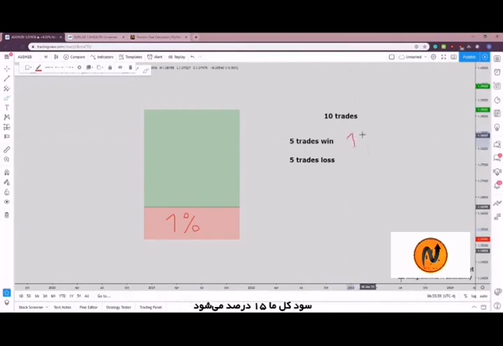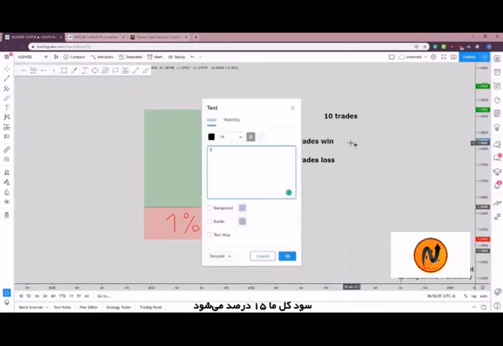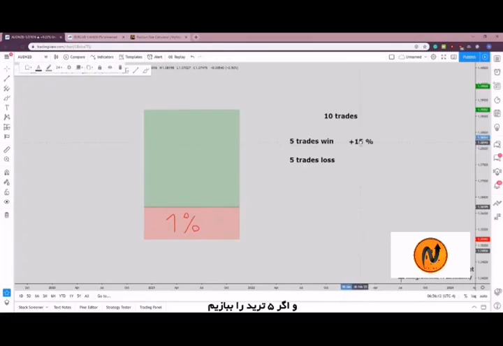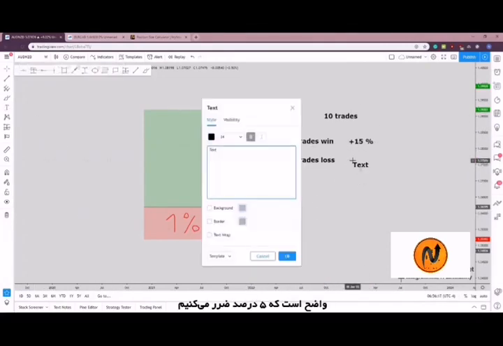So our total gain will basically be 15%. And if we lose 5 trades, obviously we will lose 5% because we're risking 1% each time.